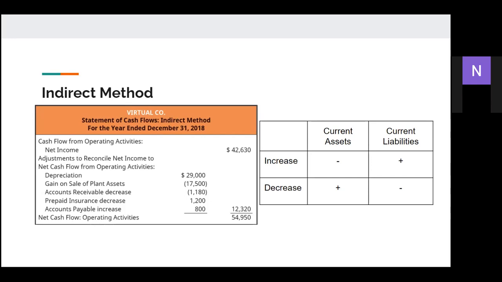And sa current liabilities naman, kapag nag-increase, idadagdag. Kapag nag-decrease naman ang current asset, i-add. And kapag yung current liabilities naman yung nag-decrease, ibabawas. Tandaan nyo na lang na kapag indirect method, magkakaroon din ng indirect effect kapag increase-decrease.